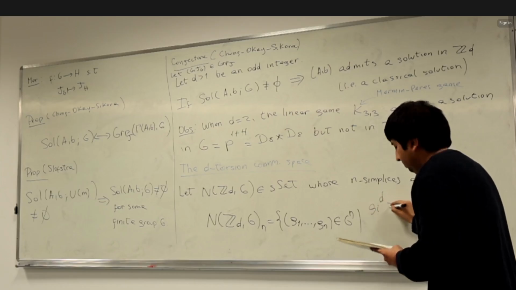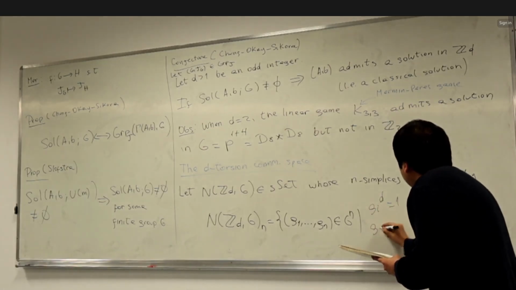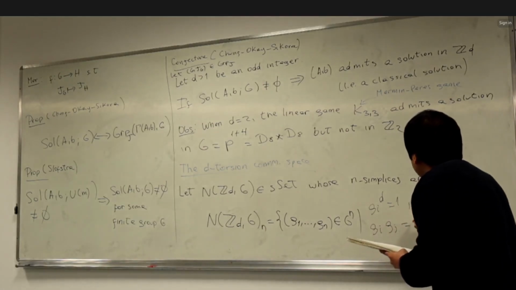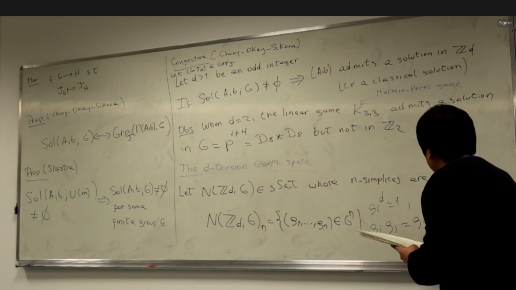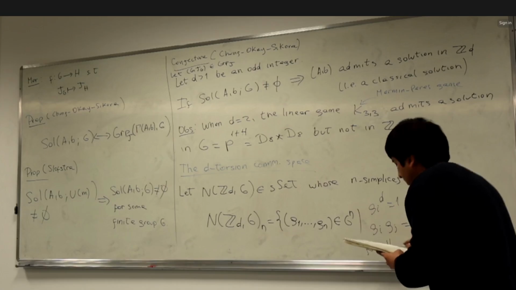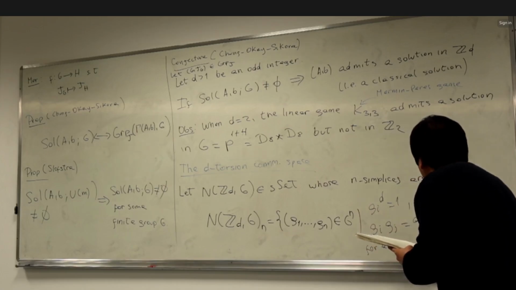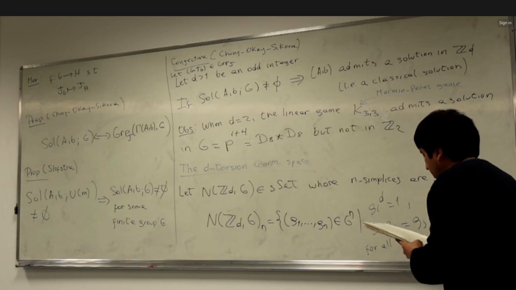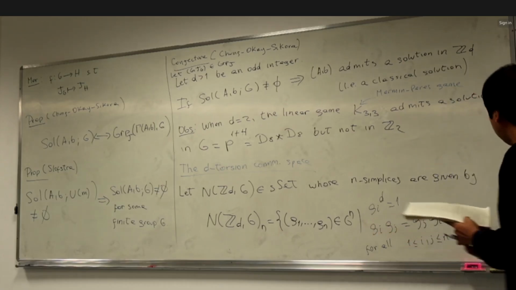They are d-torsion, they are pairwise commutative, for all i, j satisfying these inequalities. Okay, we remember this simplicial set.